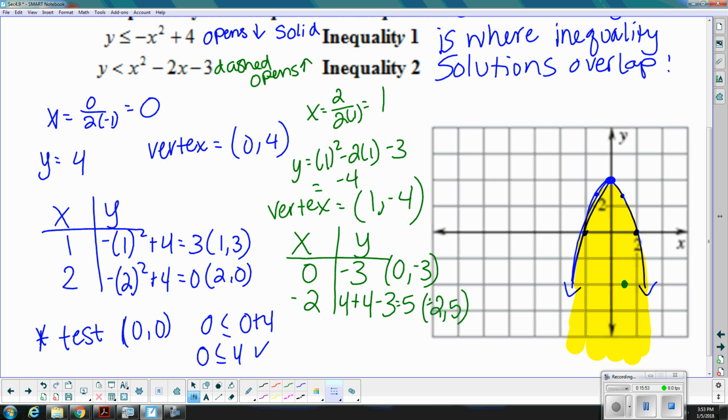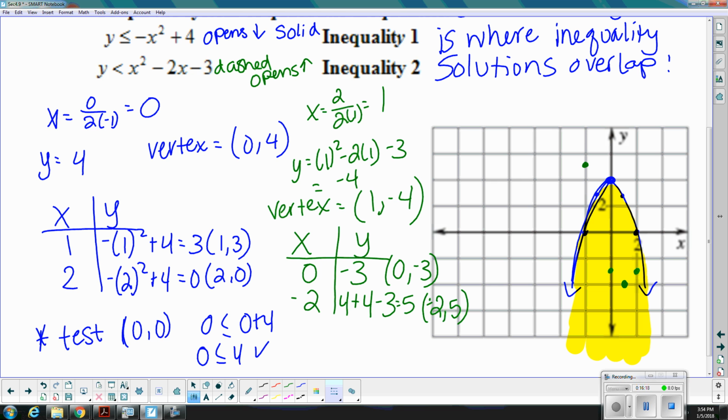And so I can go ahead and plot both of those points. So 0, -3, and the symmetry point. And -2, 5. And the symmetry point.